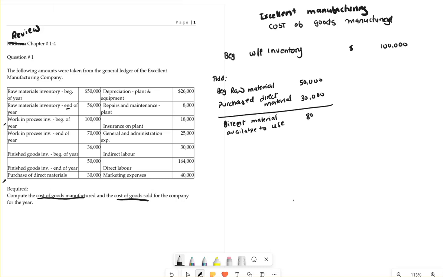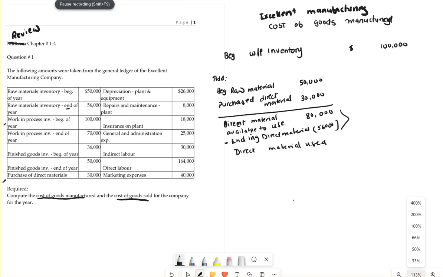If I add both of them together, it is 80,000, minus my ending raw material, direct material, which they told us is 56,000. The difference between those two is the direct material used into production, which is 24,000. Then we have direct labor, which they told us is 164,000, so I will be adding it.